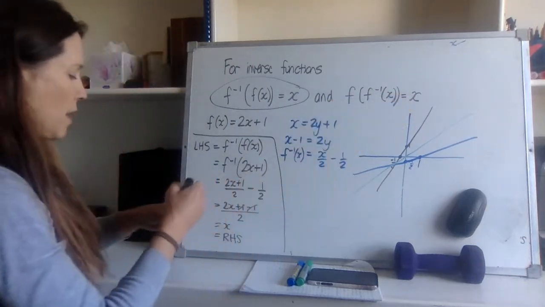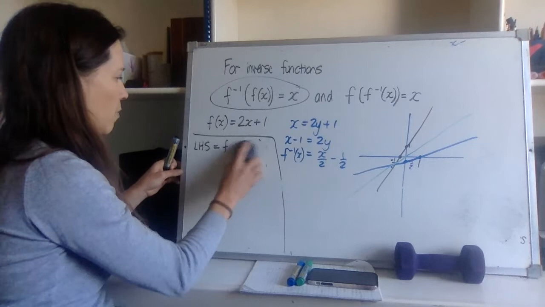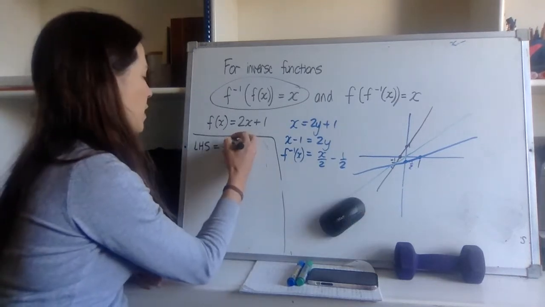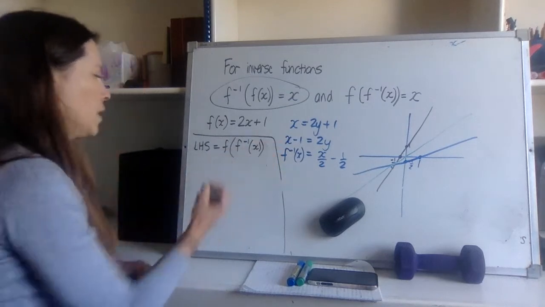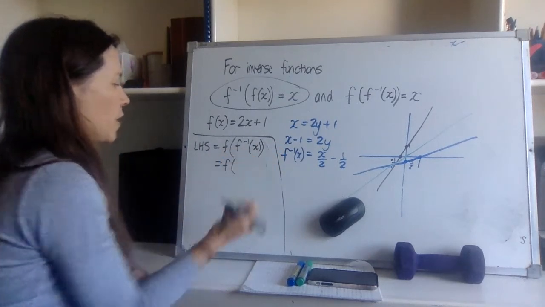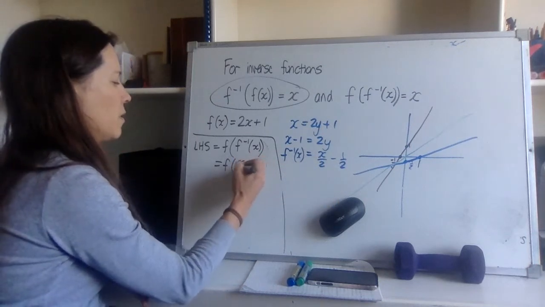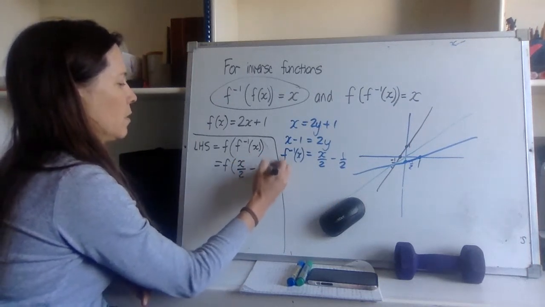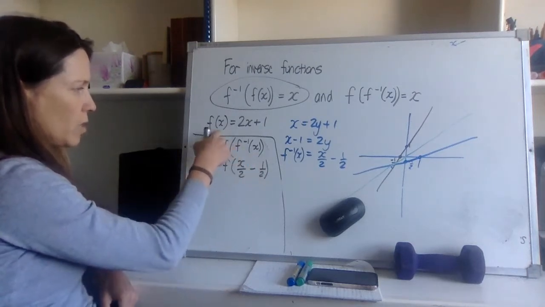Let's have a go at proving the other one now. We can just change this around a little bit and say we're looking for the function of the inverse function. So here, what we really want is the function of, now what is the inverse function? It's this, isn't it? And what this means is take all of that and plug it into the original function.